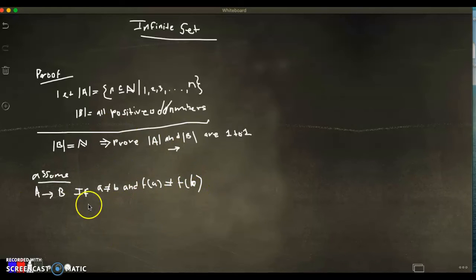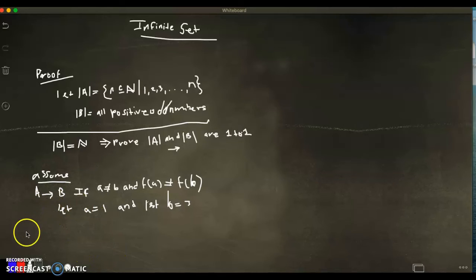So if we end up proving this, we could do it with an example, saying let A equal 1 and let B equal 2.